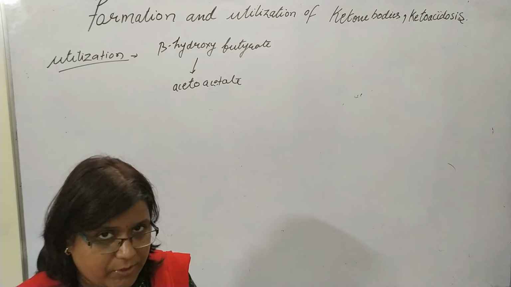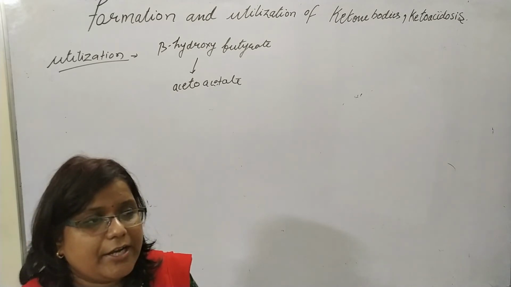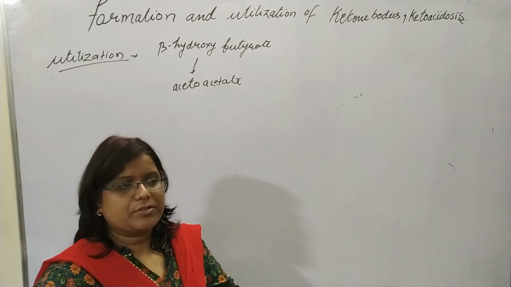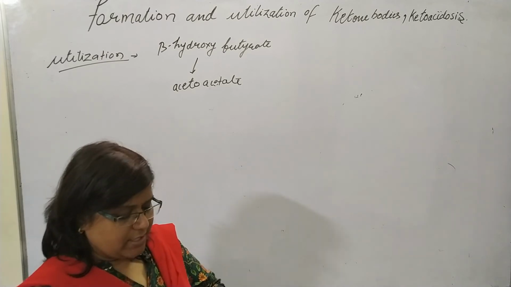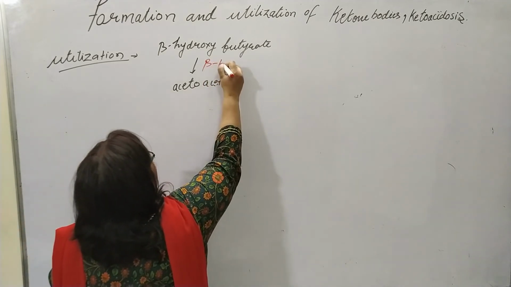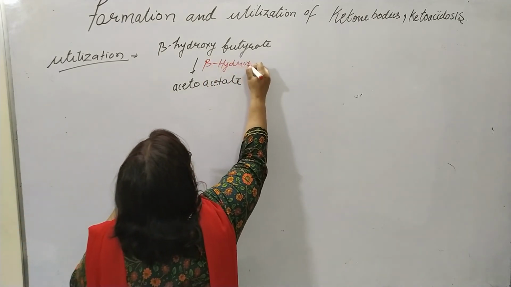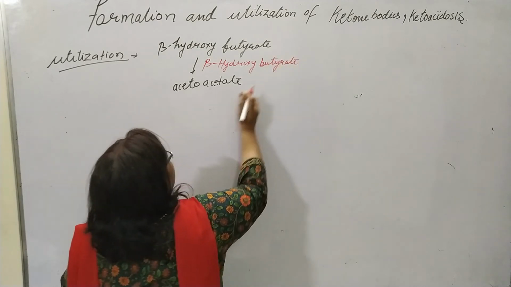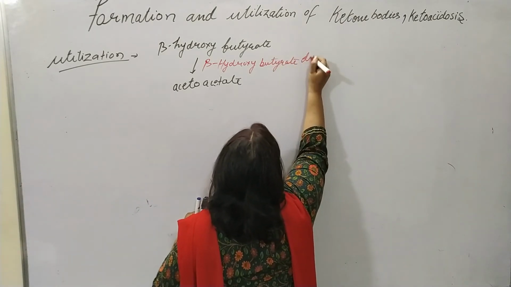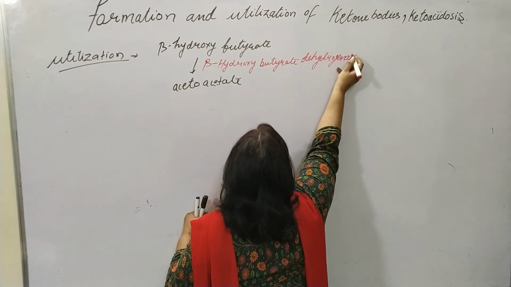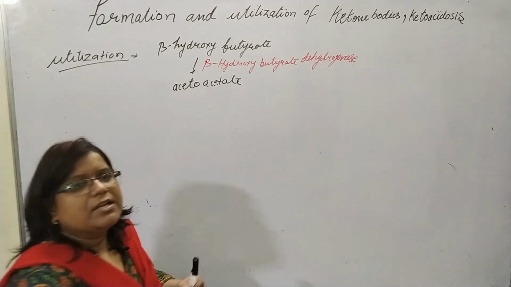So beta-hydroxybutyrate is converted into acetoacetate in the presence of the main enzyme, beta-hydroxybutyrate dehydrogenase.